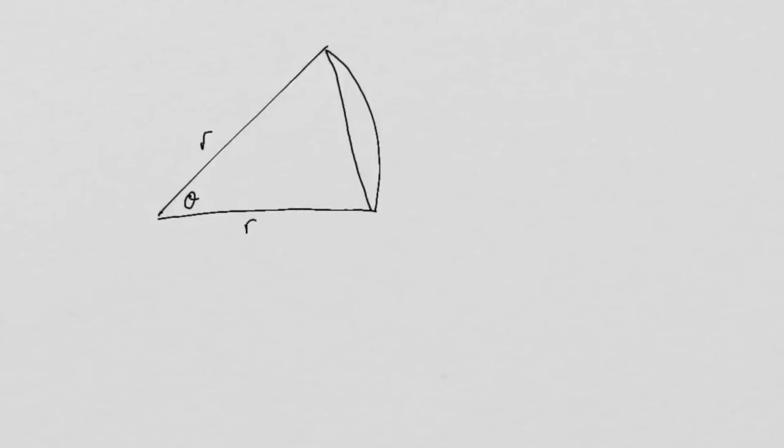Well, this is r as well, so we can use area equals a half AB sine c. And in this case, we have a half times r times r times sine theta. So that's a half r squared sine theta.